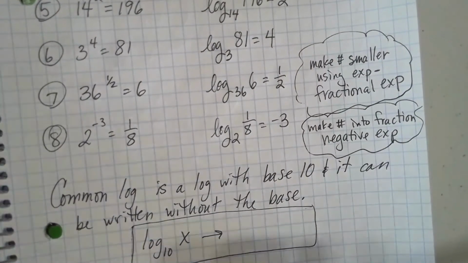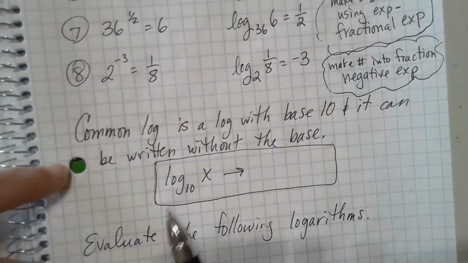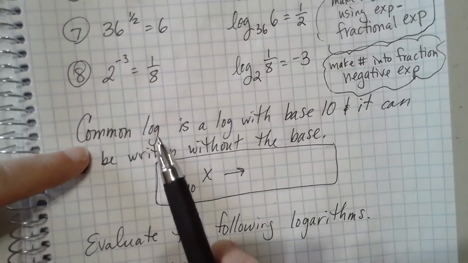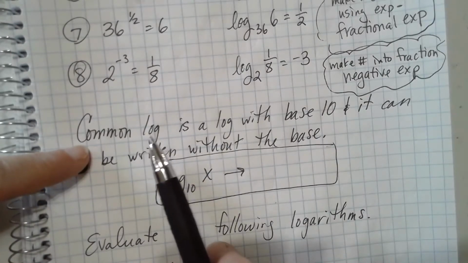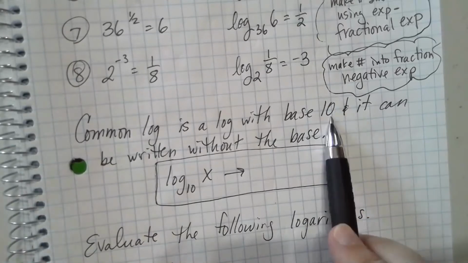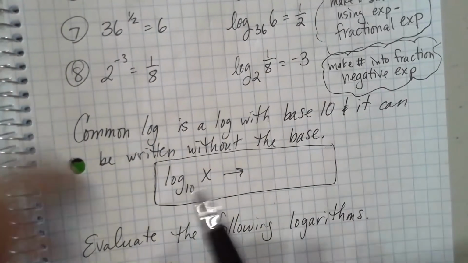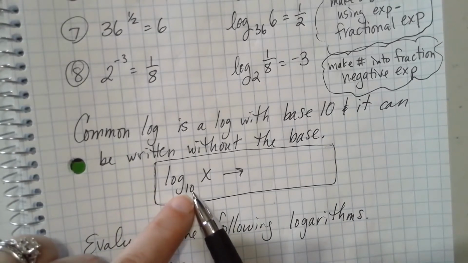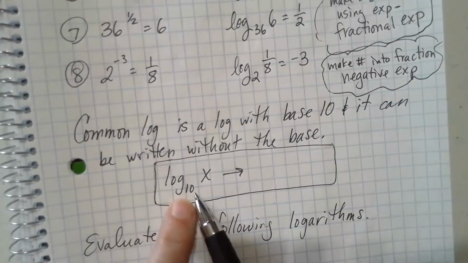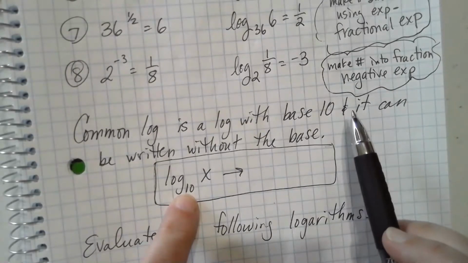All right, so one other piece of information before we evaluate. We do have something called a common log. A common logarithm is a log with a base of 10, which is what our calculator is set in. So anytime you go to push the log button on your calculator, it's going to be base 10. Okay, your calculator at this point does not handle things other than base 10 for what we're doing.